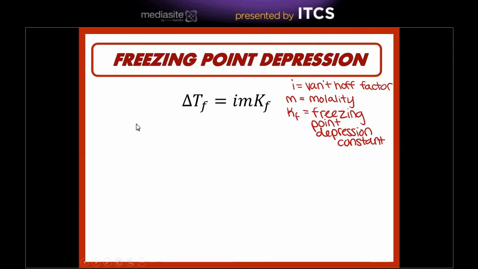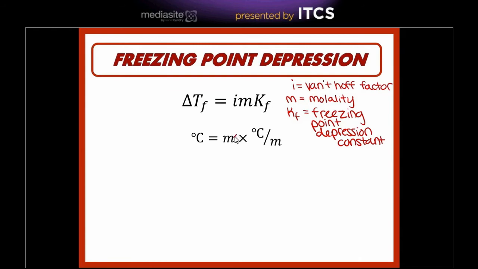And so if we take a look at the units of these variables, we can see that the change in freezing point is in degrees Celsius, i is a unitless factor, m is in molality, which is moles of solute per kilograms of solvent, and Kf, the freezing point depression constant, is in degrees Celsius per molality.